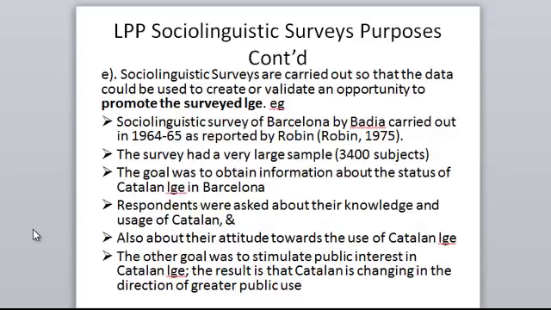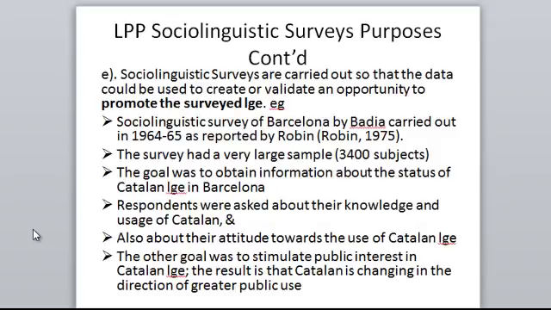Now, sometimes a survey is carried out so that the data could be used to create or validate an opportunity to promote the surveyed language. An outstanding example on this is the sociolinguistic survey of Barcelona by Badia that was carried out between 1964 and 1965, as reported by Robinson in 1975.